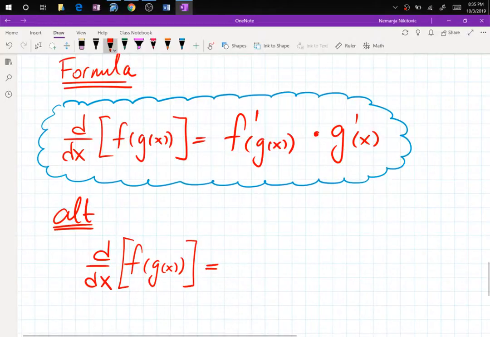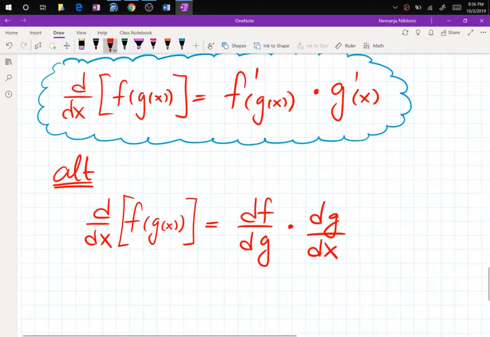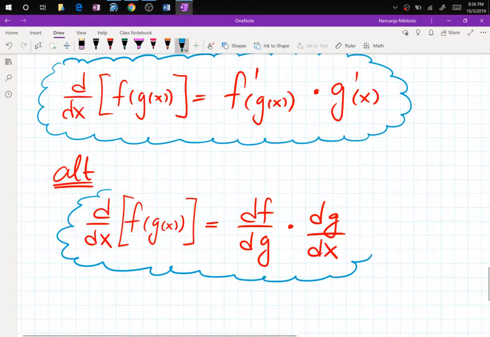So you are going to take the derivative of f with respect to g, and then take the derivative of g with respect to x. That's a weird notation, but it also provides insight into the method.